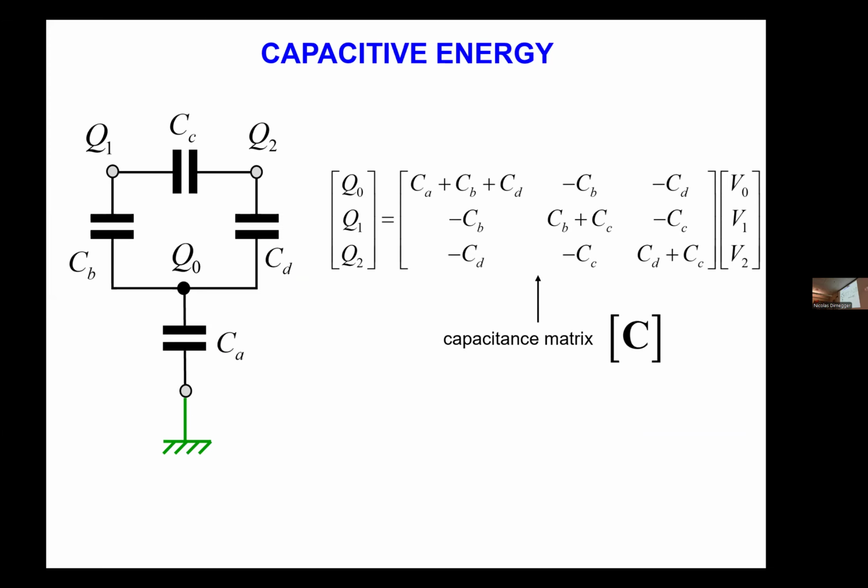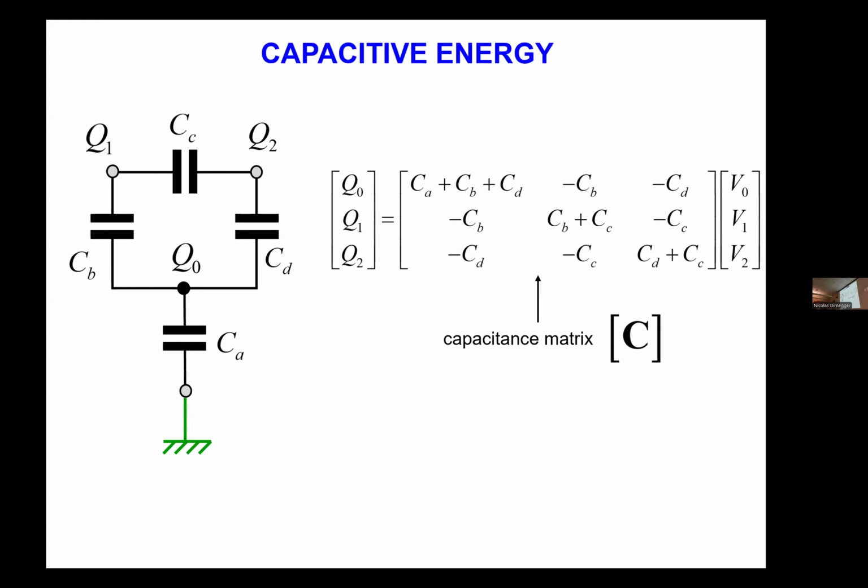Now you have to write the capacitive energy of the capacitive subnetwork as a function of your two conjugate momenta, which are the charge of this node and the charge of this node. And that necessitates what is called the capacitance matrix. So you can write the relationship between the capacitance, the charge of these nodes, and the voltage of these nodes.